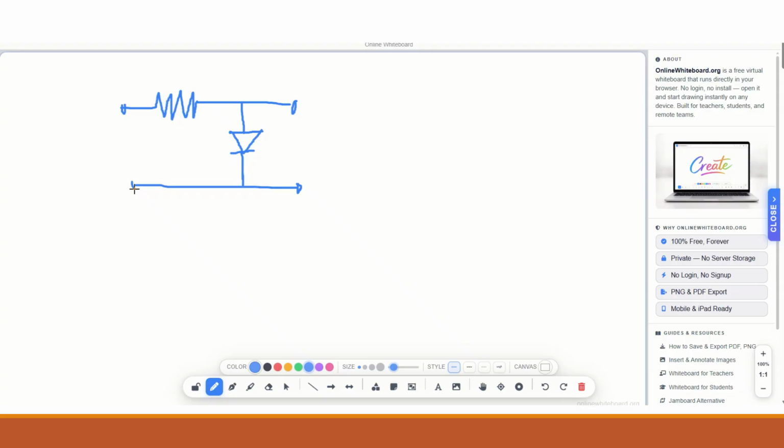Input is applied across the resistor and the ground. The circuit diagram of the positive clipper is as shown in the figure.